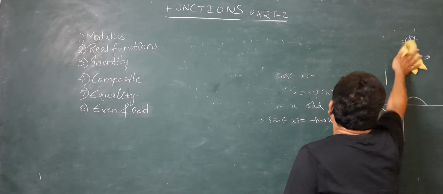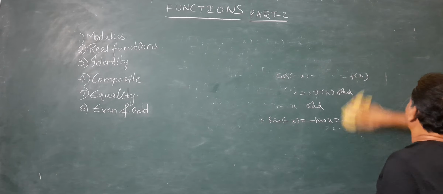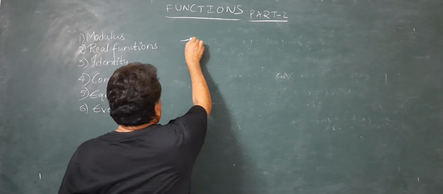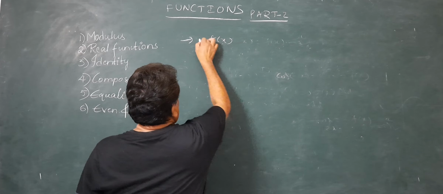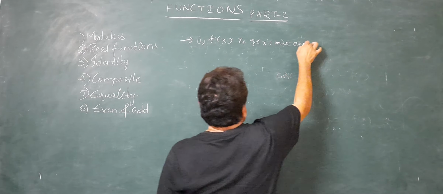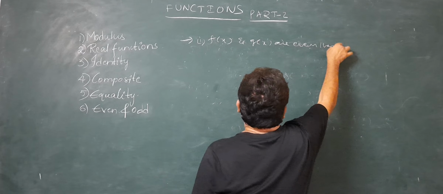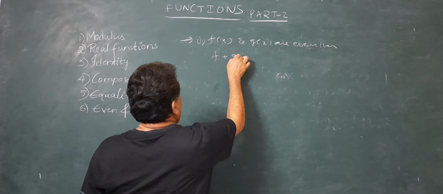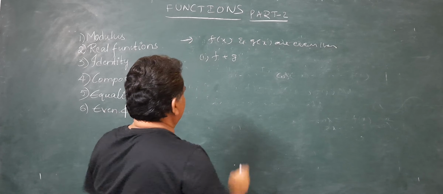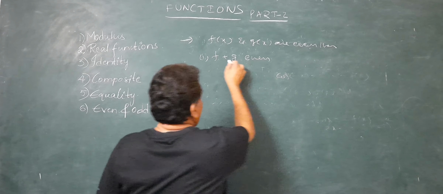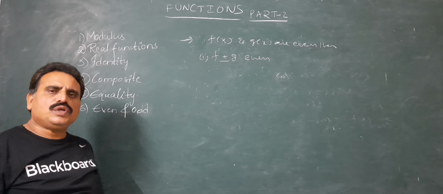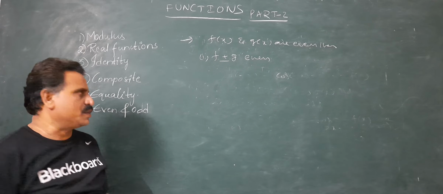Now, if f of x and g of x are even functions, then f plus g is even, and f minus g is also even. The sum and difference of two even functions is again an even function.